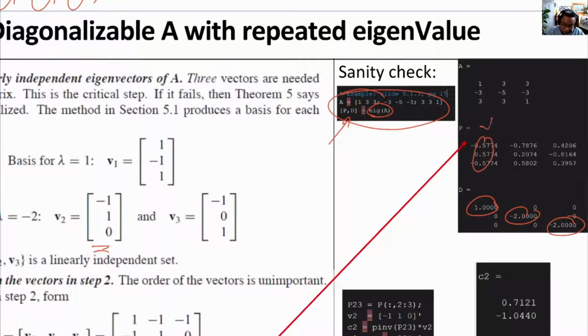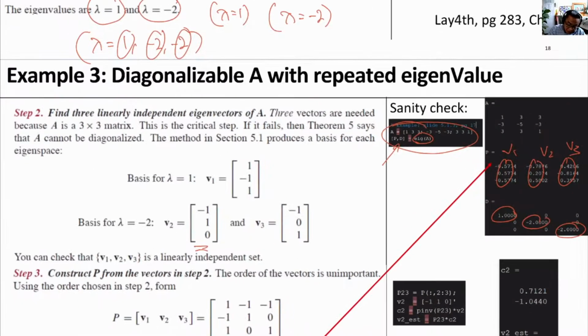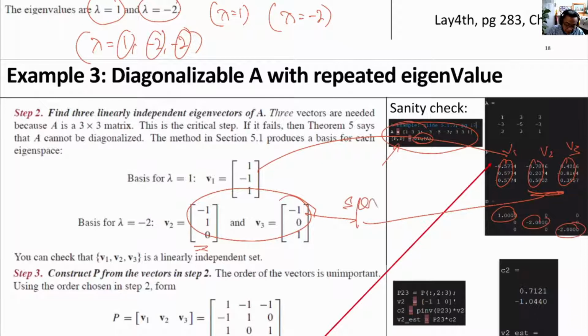We find this is V1, this is V2, and this is V3, and we can compare against them. So V1 is this one, V2 is our guess, and it's very hard to guess. What happened is that V2 and V3 should span the same space as this V2 and this V3.